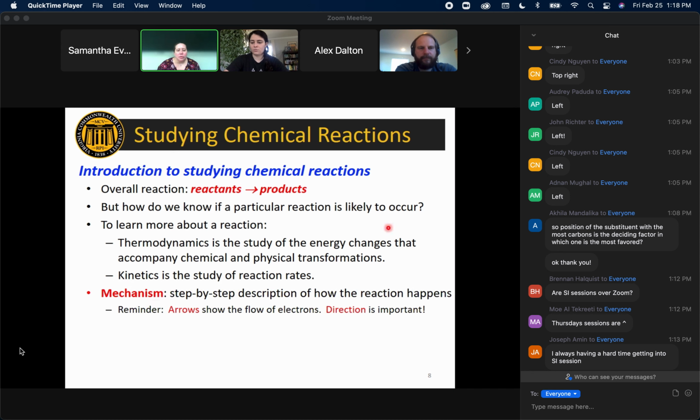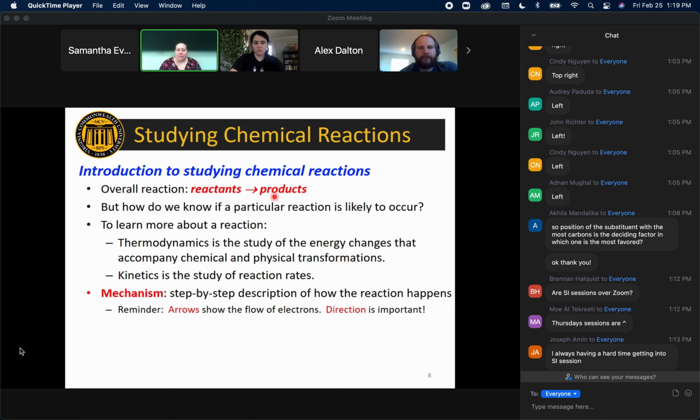In order to put all of these things together, one of the tools that's really useful to chemists is understanding what's called mechanism. I started introducing this concept to you in chapter 2 when we learned about curved arrows. Here we're going to get into it more, and it'll keep coming back again and again. What I mean by a mechanism is a step-by-step, very detailed description of how we go from reactants to products.